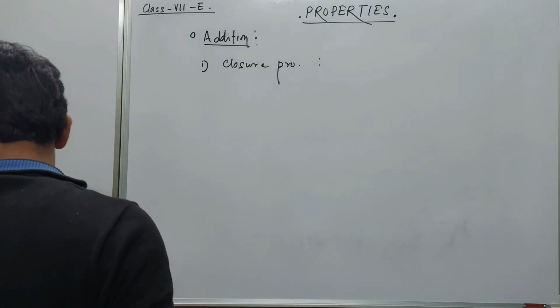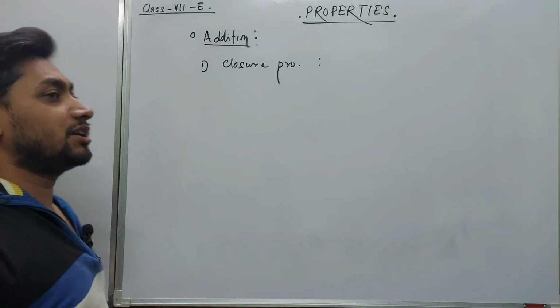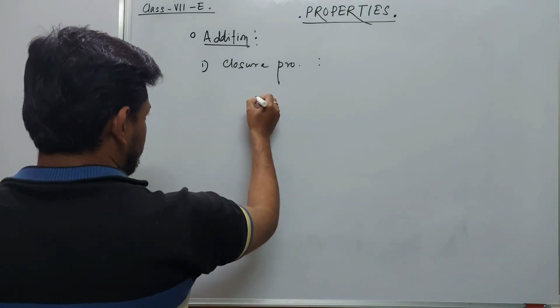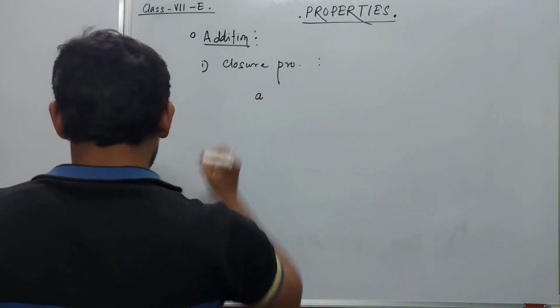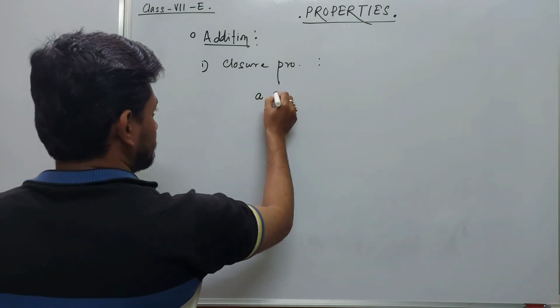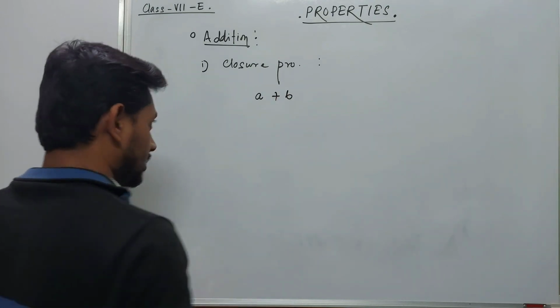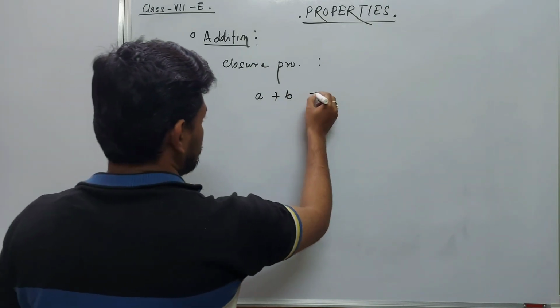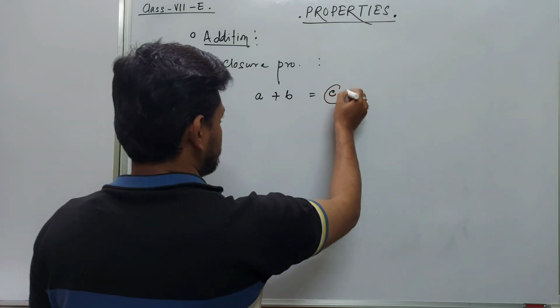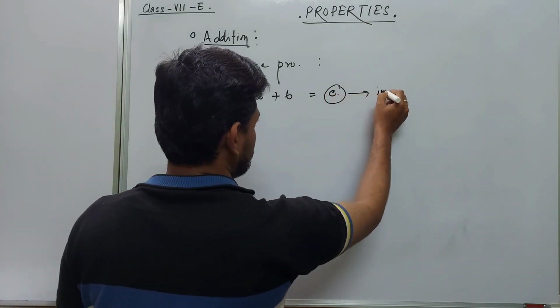If we take a positive integer or a negative integer, that is, we take an integer a and we add another integer b to a, then the result c is also an integer.